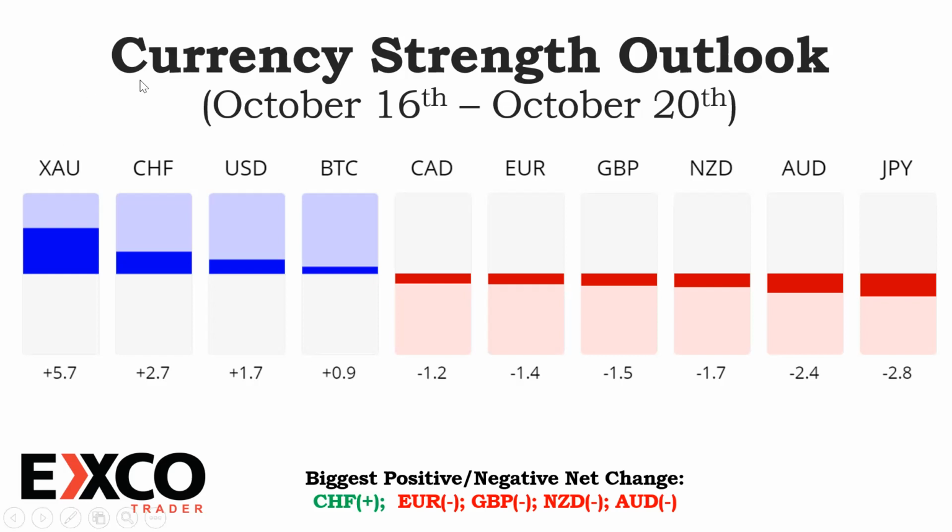My best pair to trade this week is to focus on the Swiss franc and pair it up with Euro, Great Britain pound, NZD, and AUD. This would be my top pair. I would like to stay away from the Japanese yen also, because lately we've been seeing some abrupt intervention from the BOJ, that's the Bank of Japan, into this space.